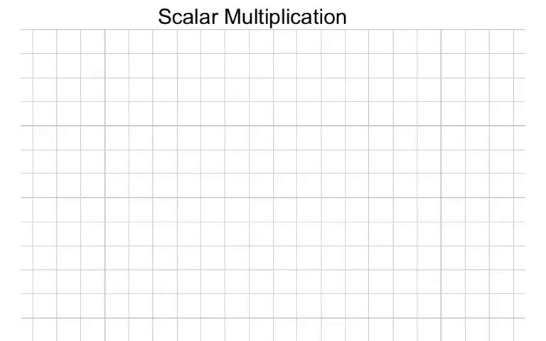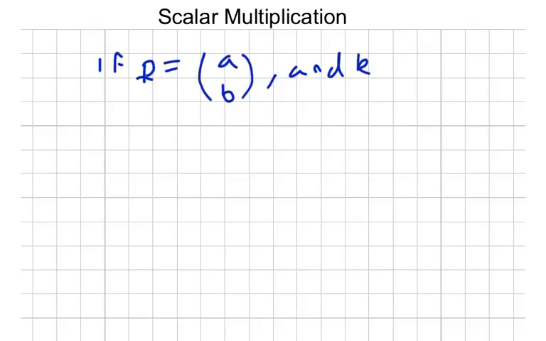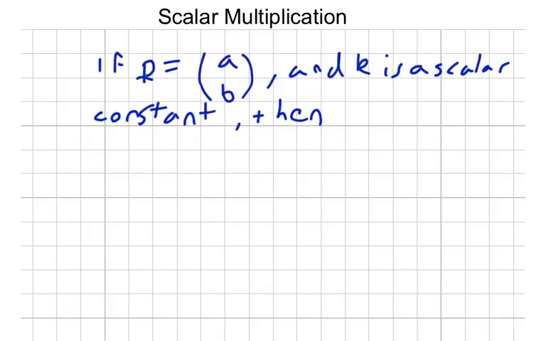To put that a bit more formally, if we have p, our vector, equal to the column vector (a, b), and k is a scalar constant, it could be positive or negative, then k times p is equal to the column vector (ka, kb).